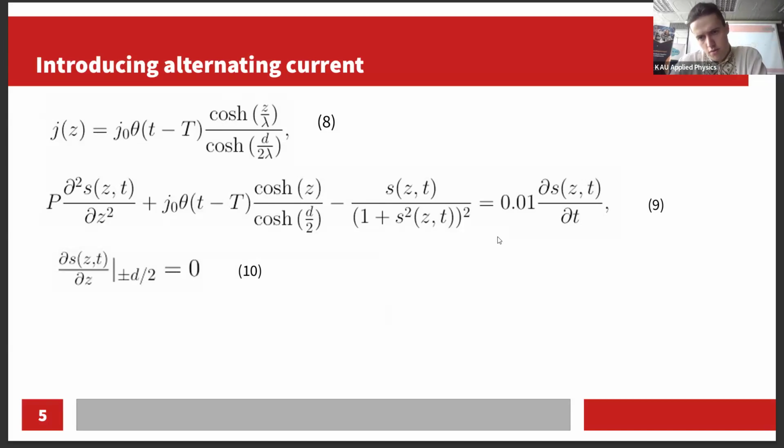On the right, we have the speed of the vortex with a viscosity coefficient.